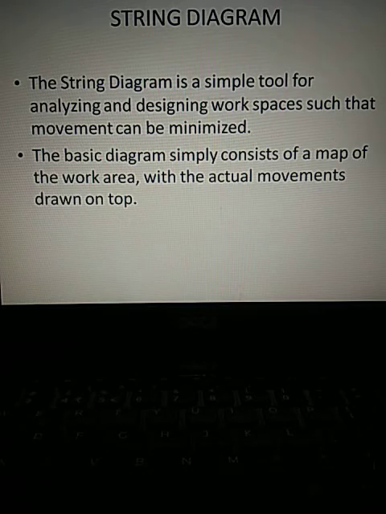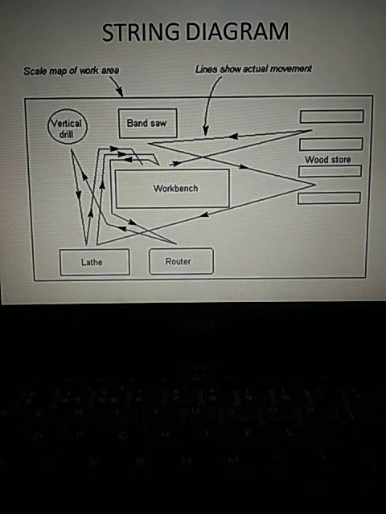Sir, what does the second point say? The basic diagram simply consists of a map of the work area with the actual movements drawn on top. So let us see the picture. Now this is one example of the string diagram.